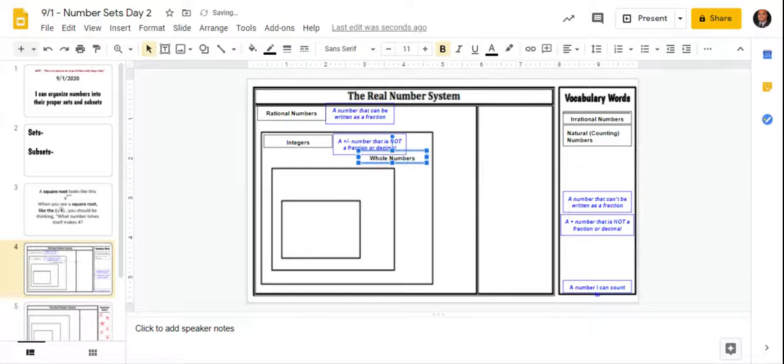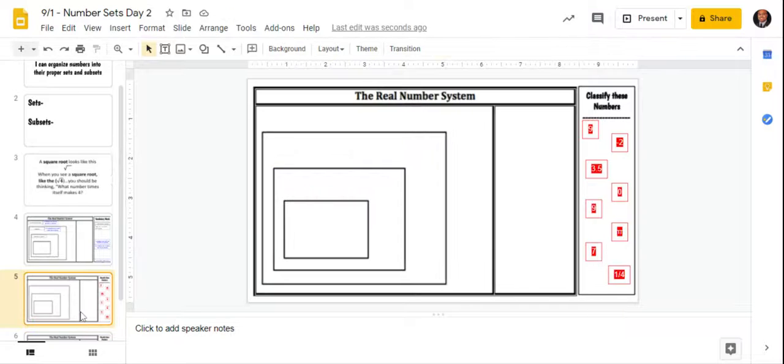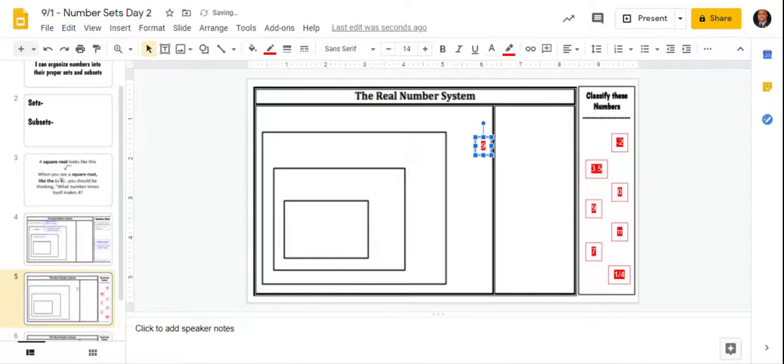Once we have all of our definitions and our labels done, we are going to go to the next slide and actually practice placing numbers. Here, you'll need to actually place the numbers. On this slide, we're going to grab and place them accordingly where they belong. 9 is a number I can naturally count to, and that's going to go to the center.